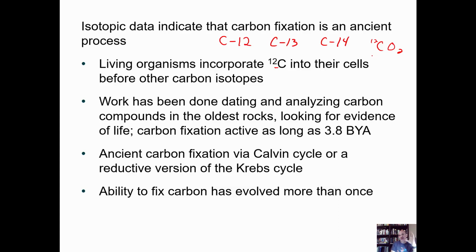So what does that do? That skews the ratio, or makes the ratio different, when it comes to organic compounds that are produced by living things. So you look at these microfossils and analyze the carbon compounds within them, and you find that the ratios are more consistent with carbon fixation from ancient life forms.